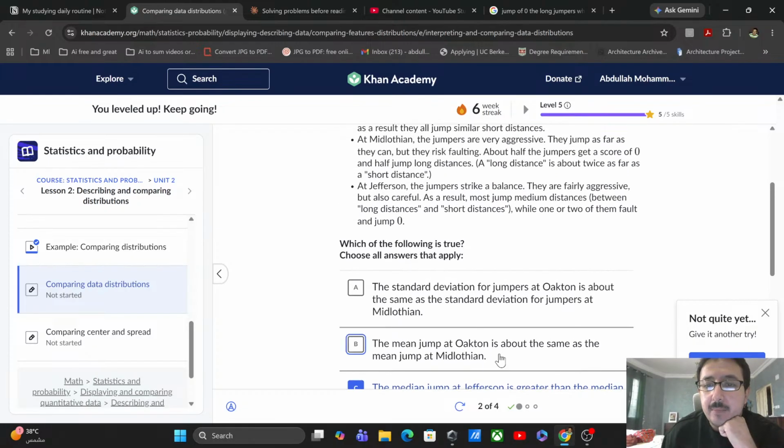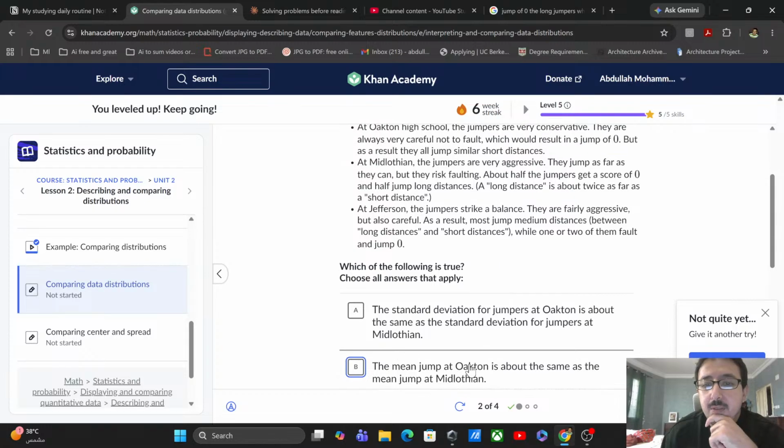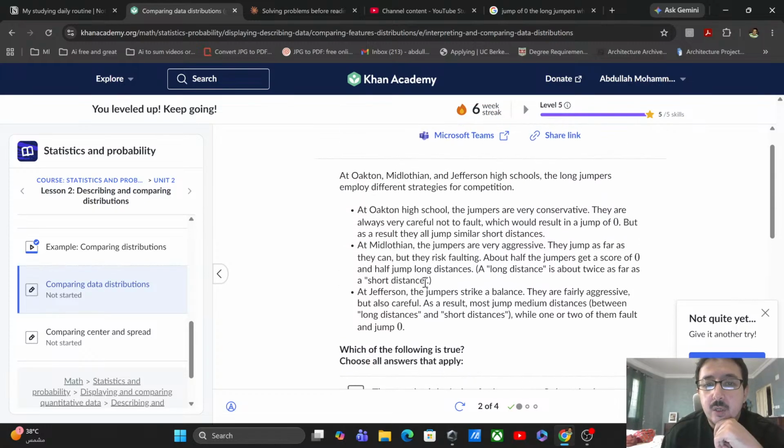Okay, the mean jump at Octane is about the same as the mean jump at Middleton. This doesn't say. What does that mean? At Jefferson, they are fairly aggressive but careful.